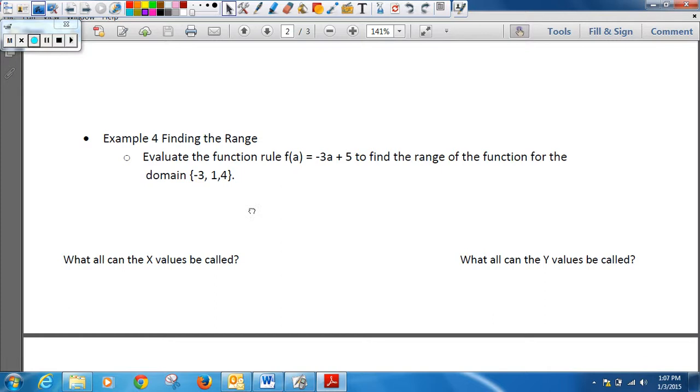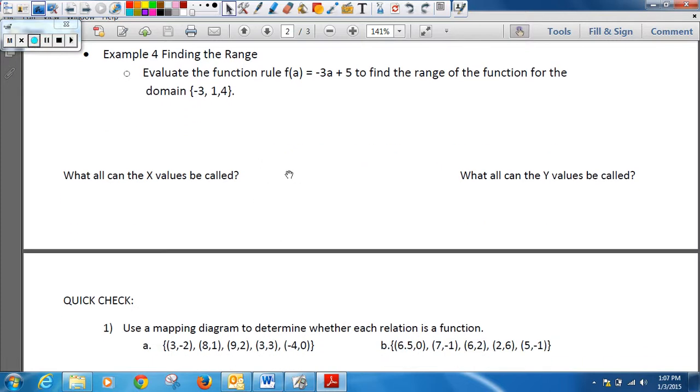Example number 4 wants you to find the range. It says evaluate the function rule to find the range of the function for the domain. So again, the domain is the input, so we're going to input this in for A, and we're going to get our outputs. And it doesn't say you have to make a table this time, so you can just write it out and show me your work.